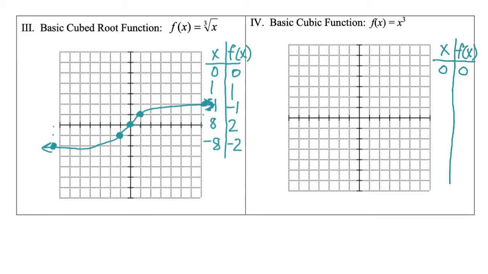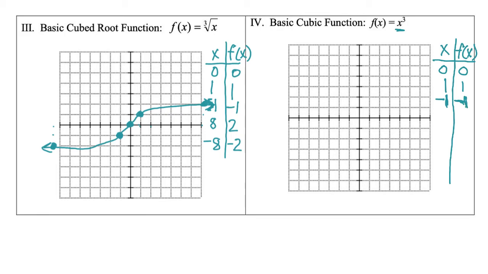That's going to work. If we swap 0, 0, we get 0, 0. 1, 1. If we swap 1, we get 1. If we plug in 1 and cube it, we get 1. If we plug in negative 1, well, negative 1 all cubed is still negative 1.